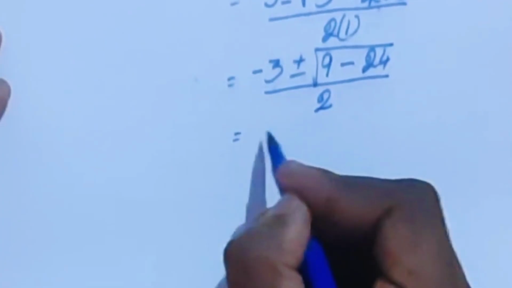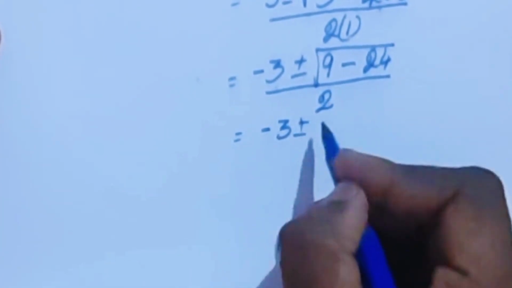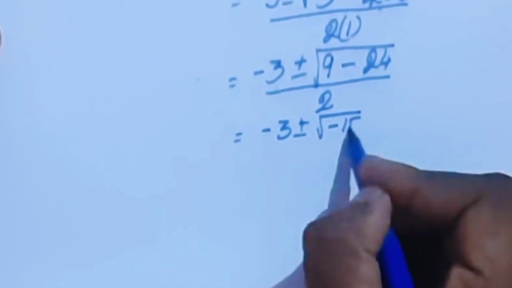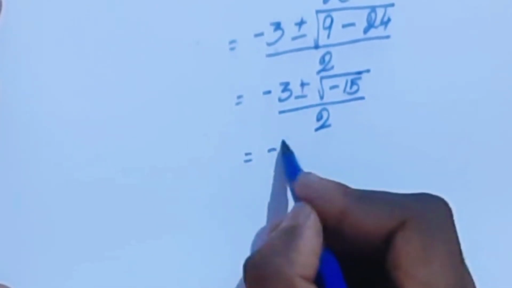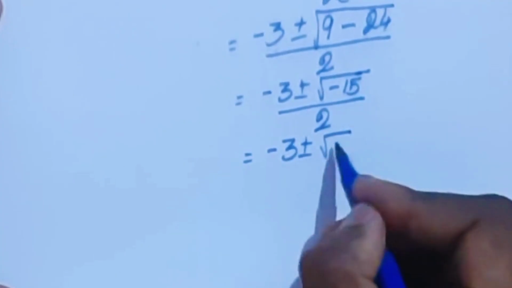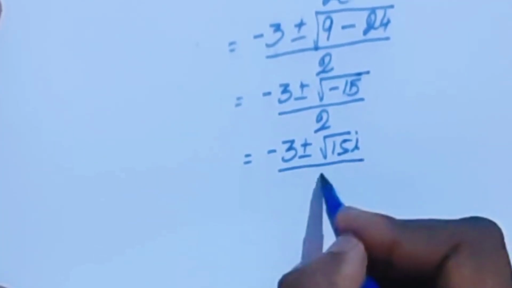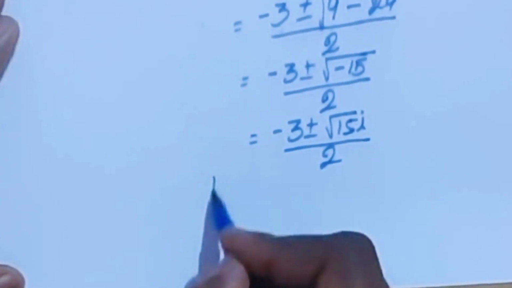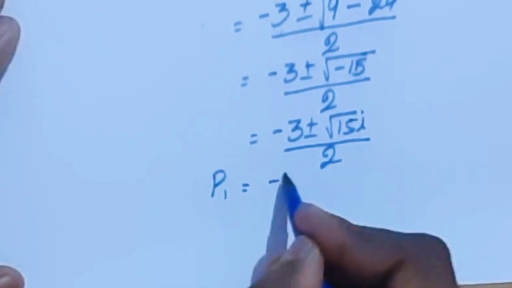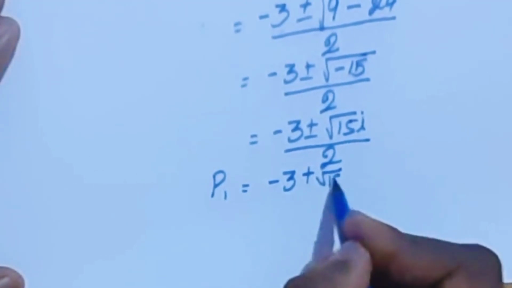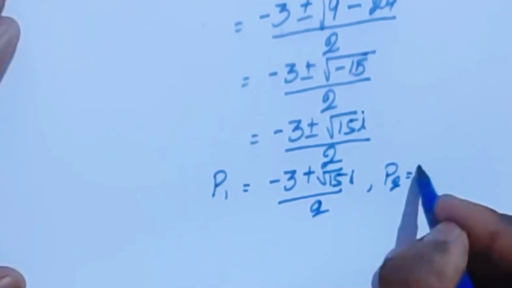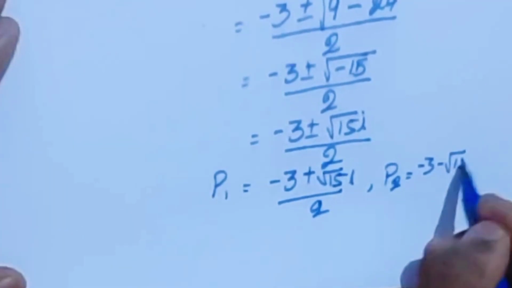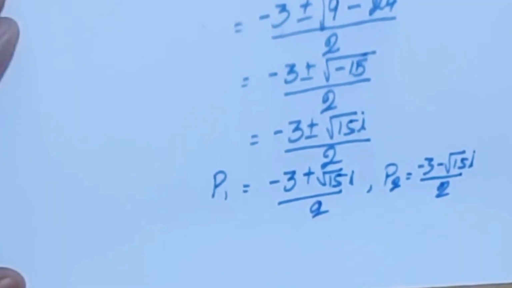Now minus 3 plus or minus square root of minus 15 by 2. Now this can be written as minus 3 plus or minus square root of 15 i by 2. Here we have P1 equal to minus 3 plus square root of 15 i by 2. The other one is P2 equal to minus 3 minus square root of 15 i by 2. This is the imaginary solution.